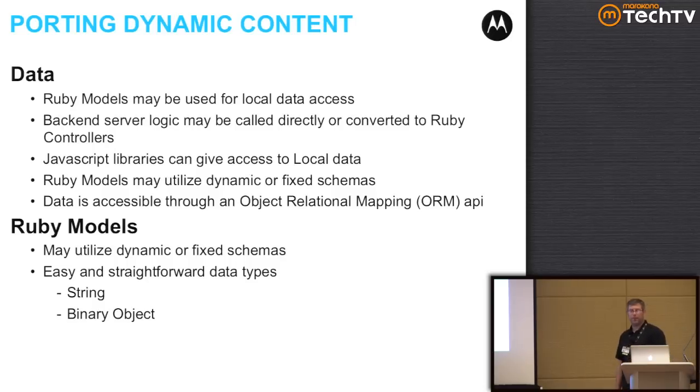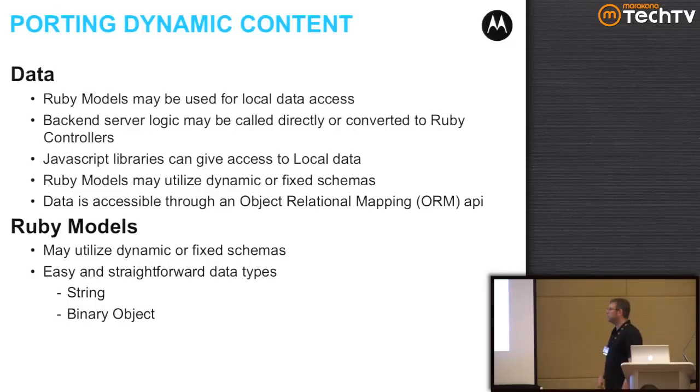I mentioned the dynamic or fixed schemas that Ruby models support. And I'll also say that the data that you have in our Ruby models is accessible through our object relational mapper. Okay? And this is fantastic, because it means that you're not writing raw SQL to get at your data. So again, a very convenient and easy way to get at your data that's been ported locally.